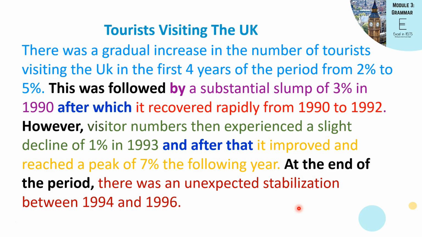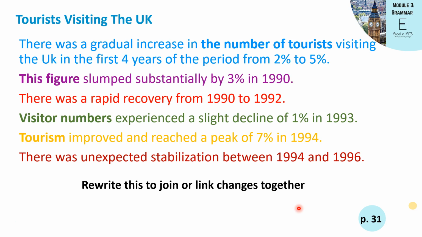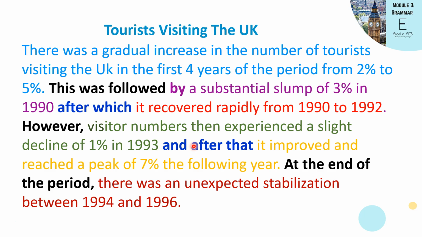As you can see, this is a lot better than this one. This one is broken. There is no connection between the previous sentence and the next sentence. There are too many simple sentences, and when you do this, you're creating nicely linked sentences that are also complex at the same time.